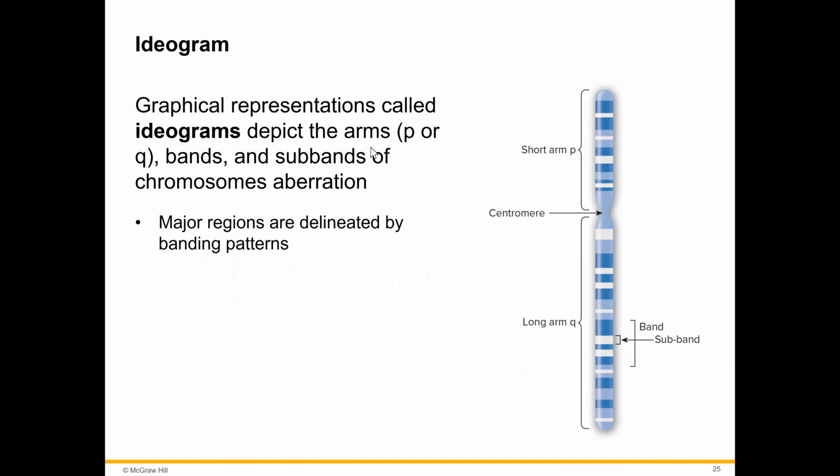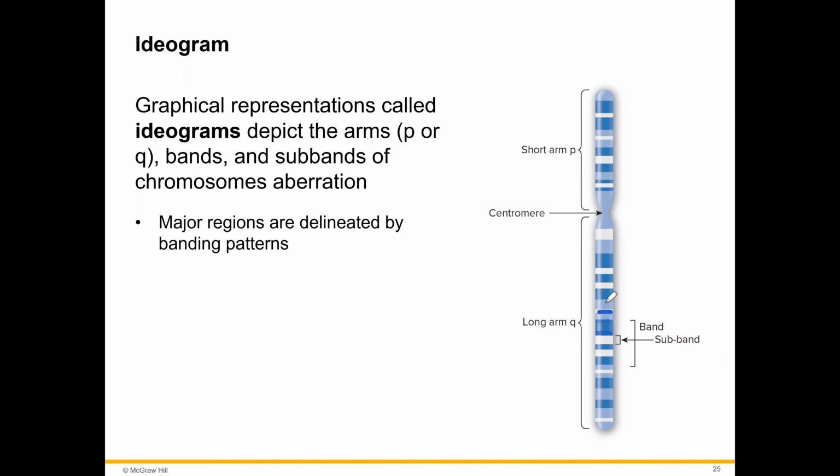All right, so here's our ideogram. It's a graphical representation that depicts the arms P or Q, and the bands and subbands of chromosome aberration. Major regions are delineated by banding patterns. Here's our chromosome with the constricted part called the centromere. The short arm is the P arm, the long is Q, and then you see those bands.